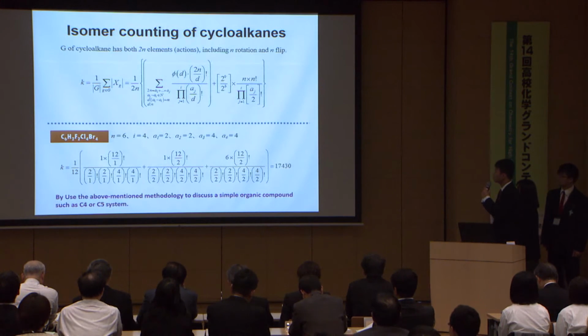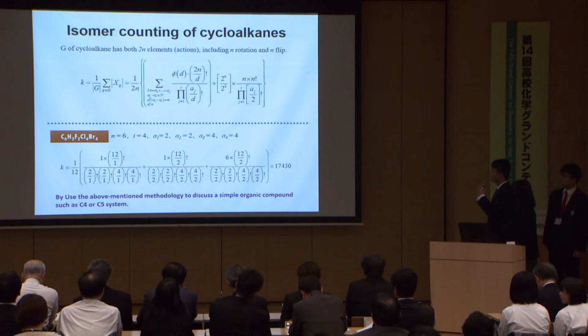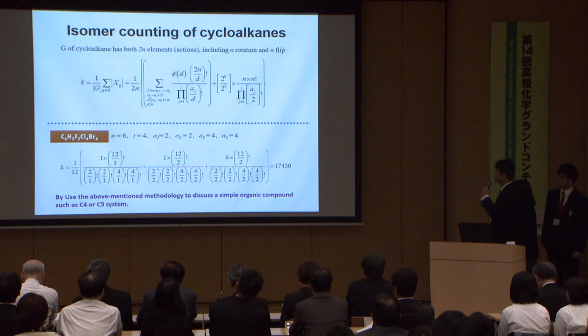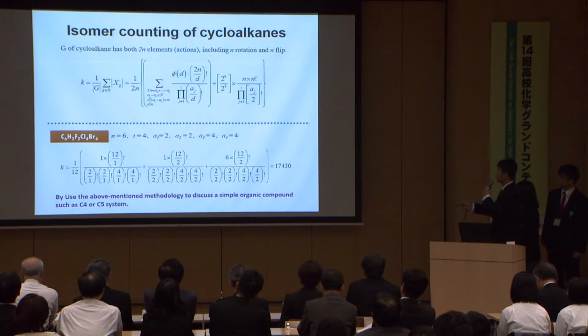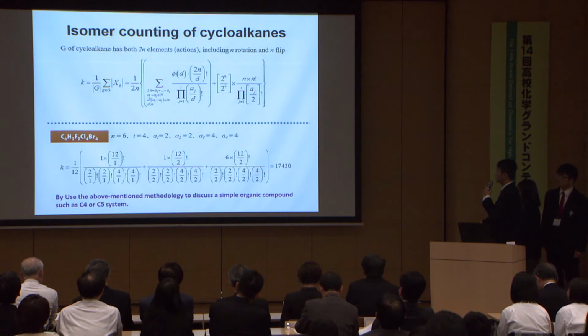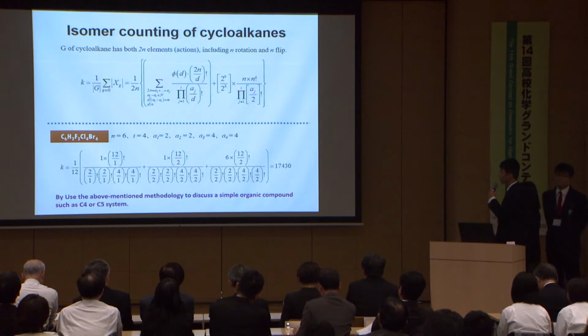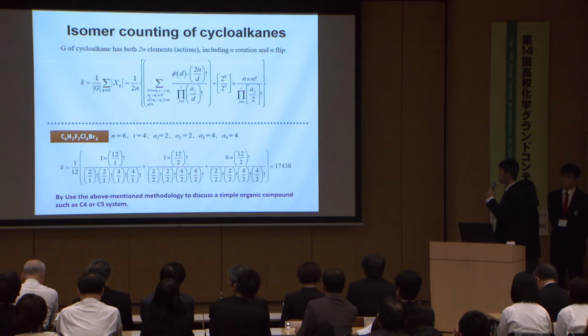And here is the cycloalkane isomers formula. The first part is about rotations. The second part is about flips. Similarly, we can obtain the isomers formula of cyclopolyene.